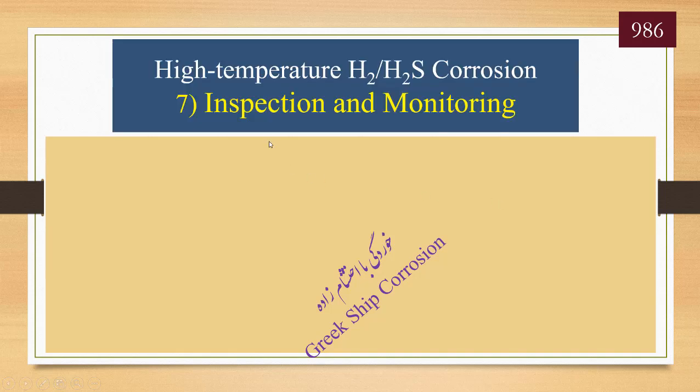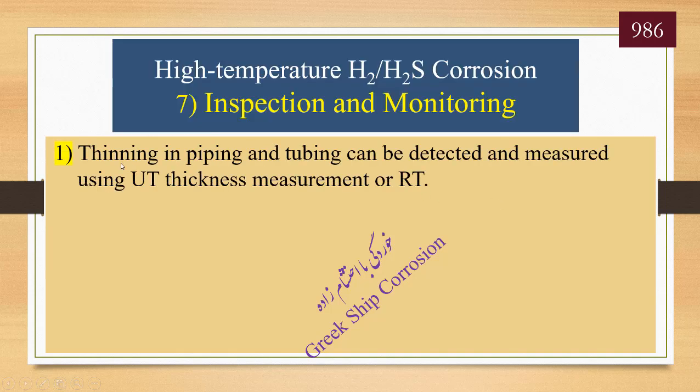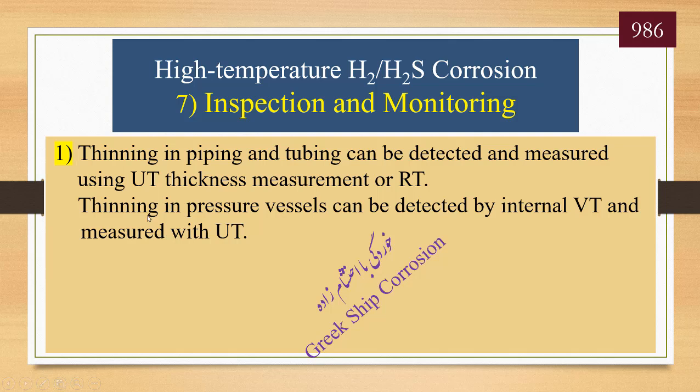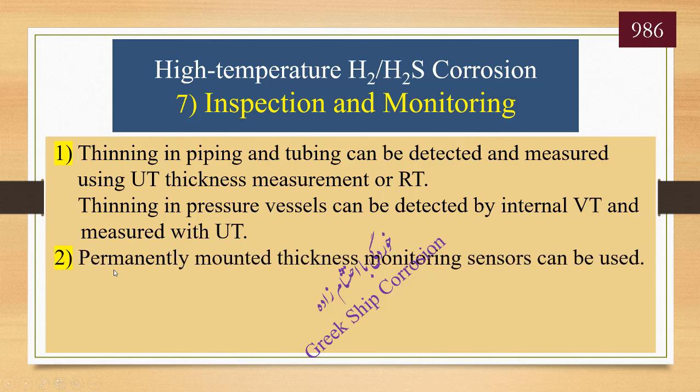7. Inspection and monitoring. 1. Thinning in piping and tubing can be detected and measured using ultrasonic thickness measurement or radiography testing. Thinning in pressure vessels can be detected by internal visual testing and measured with ultrasonic testing. 2.